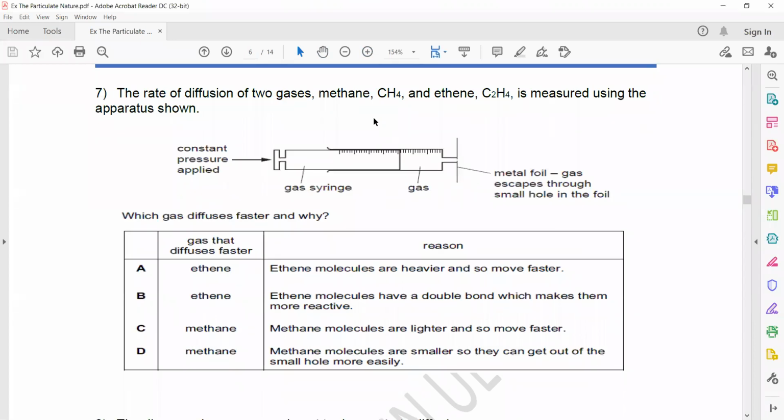Question 7, it is similar to what we did in question 5. Methane mass is 16 and this one is 30, ethane. 28, sorry, because it is ethene.